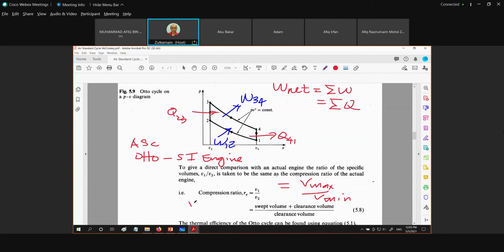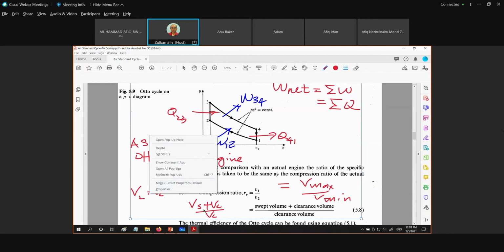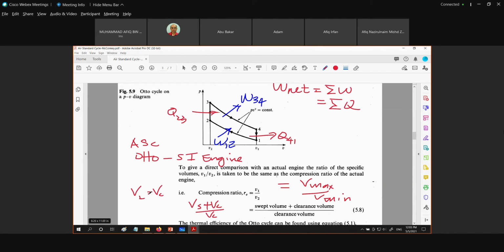So this is equal to Vs plus Vc divided by Vc, whereby the Vc in this case is equal to V2. Okay, the V2 is equal to the Vc. Right? And the Vmax is equal to Vs plus Vc. So from this point to this point is Vs, from this point to this point is Vc.